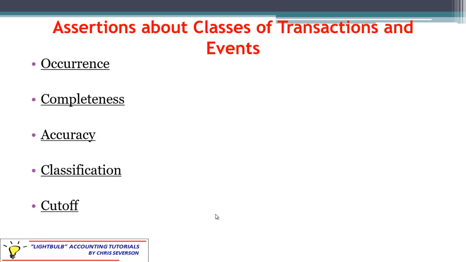Now the good news is once we get through those general assertions, you're going to see a lot of duplication here. There are some slightly different terms, but these are assertions about particular classes of transactions and events. So here I don't really have a great mnemonic for these other ones.